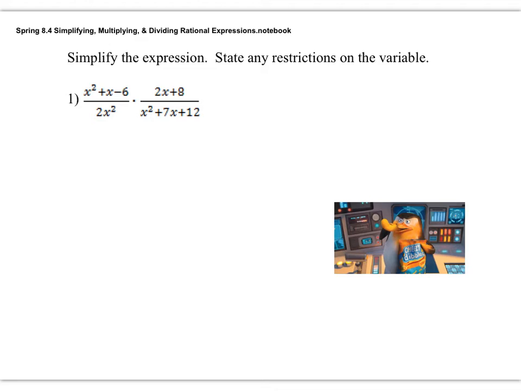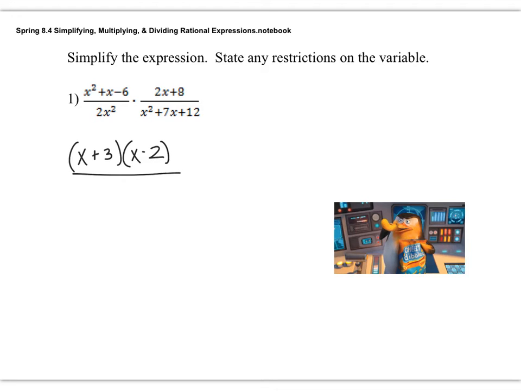All right, so here we go. Problem number 1. Step 1 is to factor. When it says factor, you are going to factor every top and bottom that you possibly can. So on the top, I can factor that one. That will factor to an x plus 3 and x minus 2.